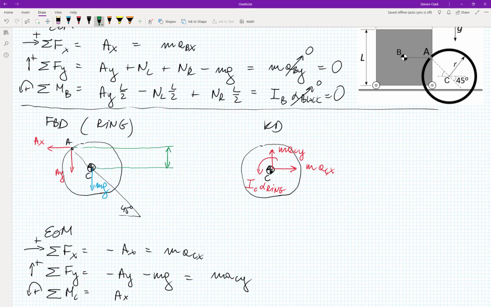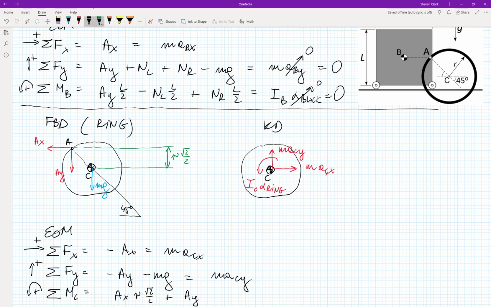And this distance is R square root of 2 over 2, right? Because this angle is 45 degrees. So this will be AX R square root of 2 over 2. And is this positive or negative? Positive.